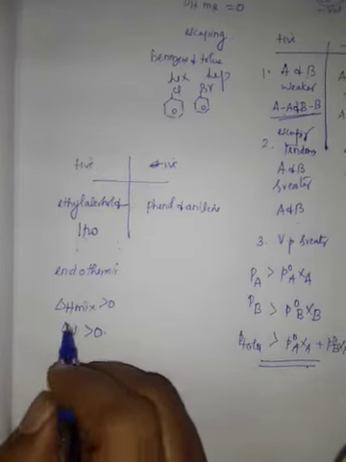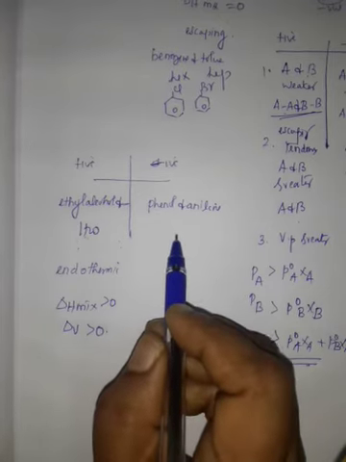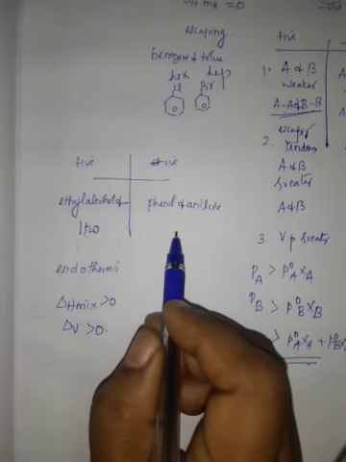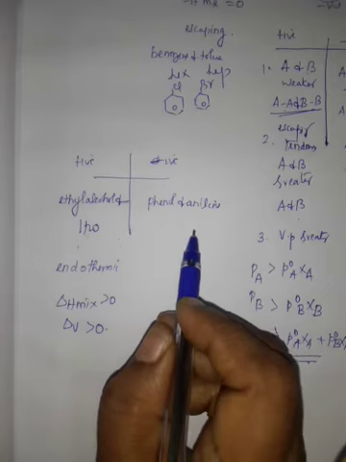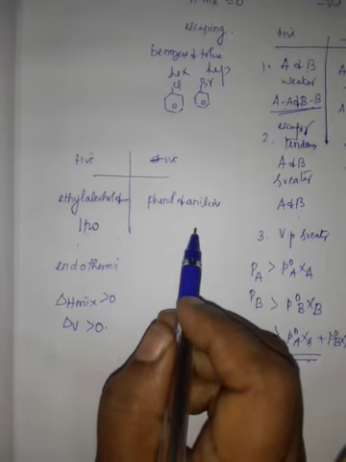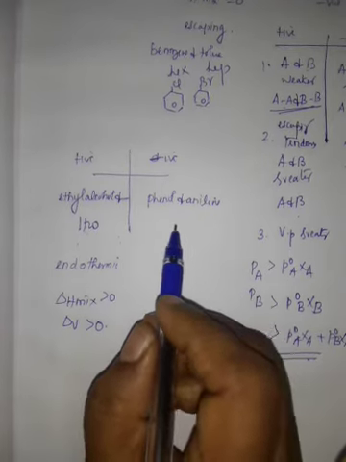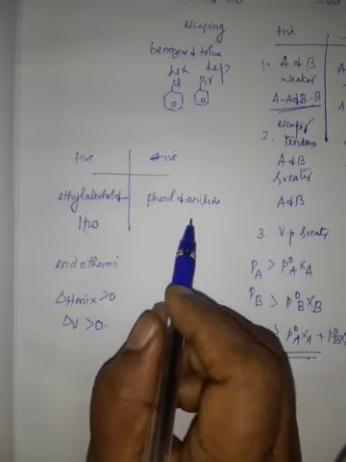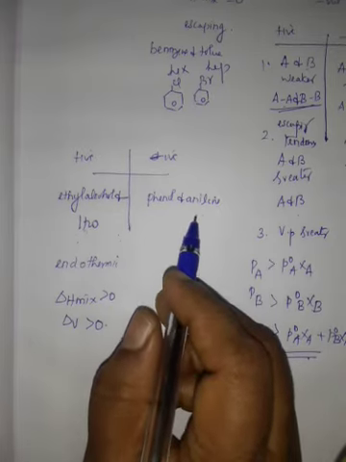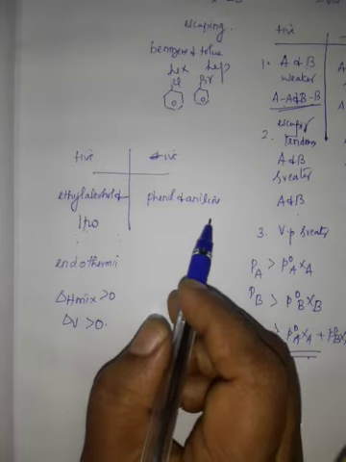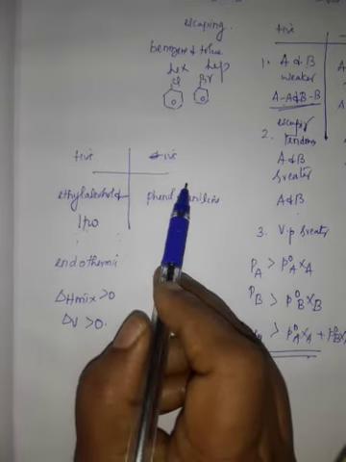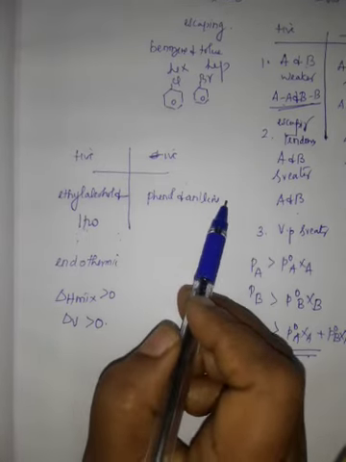But for negative, taking phenol and aniline, they form hydrogen bonding interactions among themselves. But this hydrogen bonding is stronger when compared to the bondings between phenol and phenol, aniline and aniline.